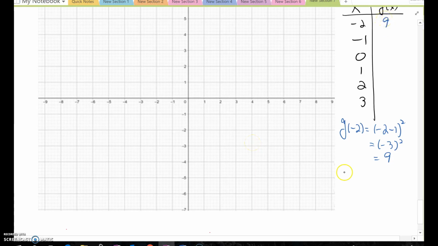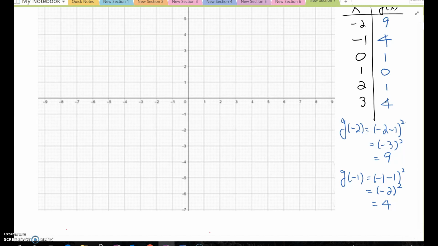What about -1? Then (-1 minus 1) squared, so it becomes (-2) squared, equal to 4, right? The same way, if you do a similar procedure for every other x value, then it comes out 1, 0, 1, and 4. So let's input those ordered pairs on the plane graph.